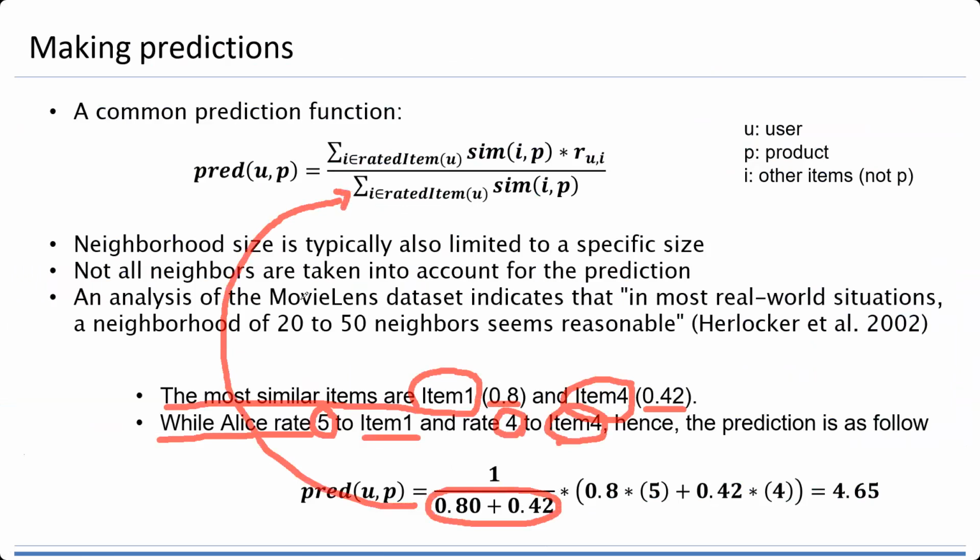The similarity of item 1 and item 5 is 0.8. The similarity of item 4 and item 5 is 0.4.